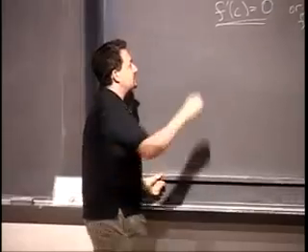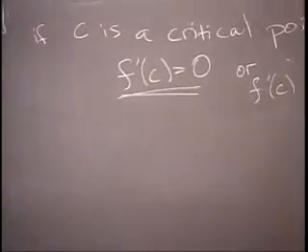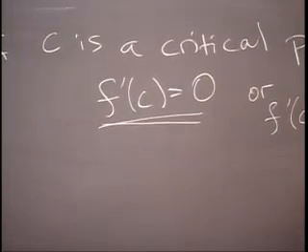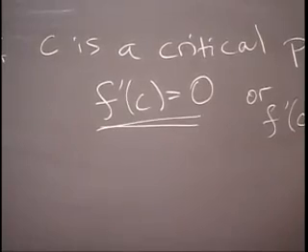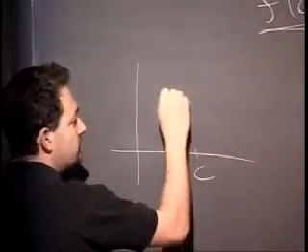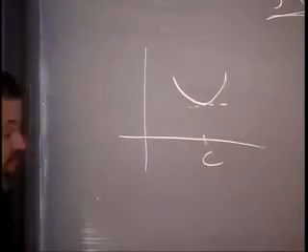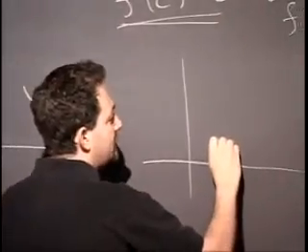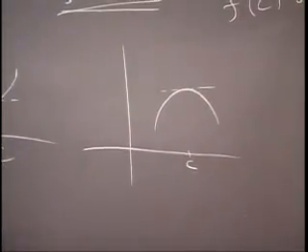But I would like to concentrate for the moment on classifying critical points where the derivative is 0. And there are essentially 4 common possibilities, really only 3 if you look at it the right way. You could have a local minimum at c. You could have a local maximum at c.